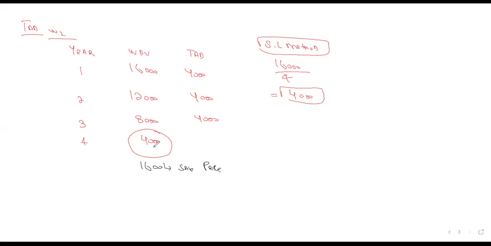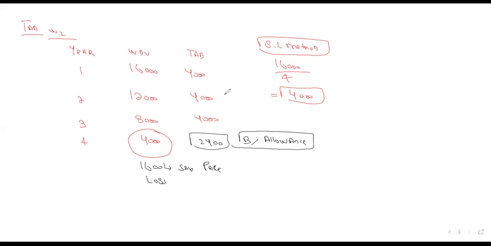So 4,000 minus 1,600, how much is the balance? 2,400. Now see, the asset was having a worth of 4,000. You are going to sell the asset at 1,600. You are selling the asset at a loss. So this is a balancing allowance.